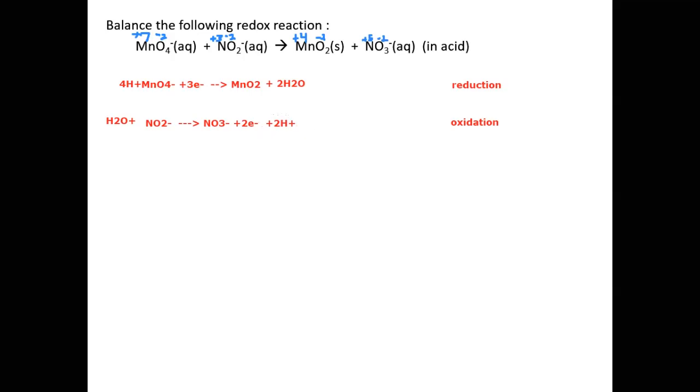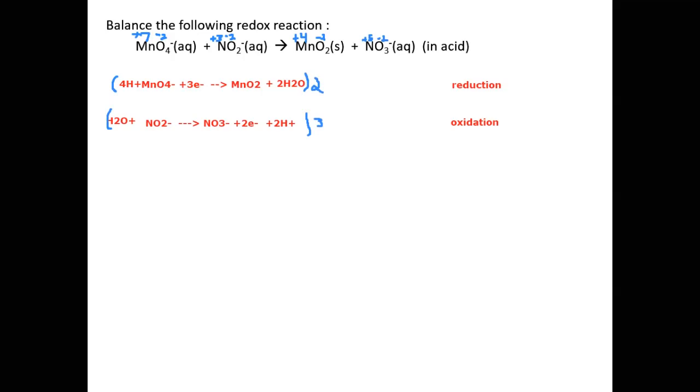All right. Now we need to balance the charge. So you see we have 3 electrons on the reactant side, and we have 2 electrons on the product side. So we're going to need to multiply the first one by 2 and the second one by 3.